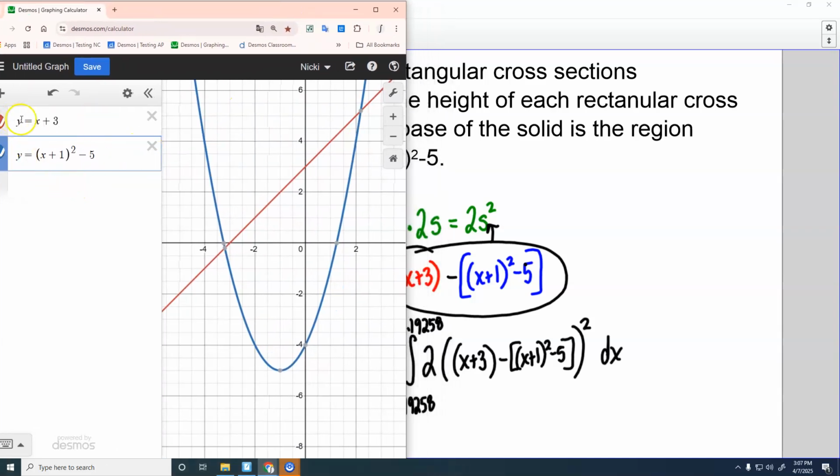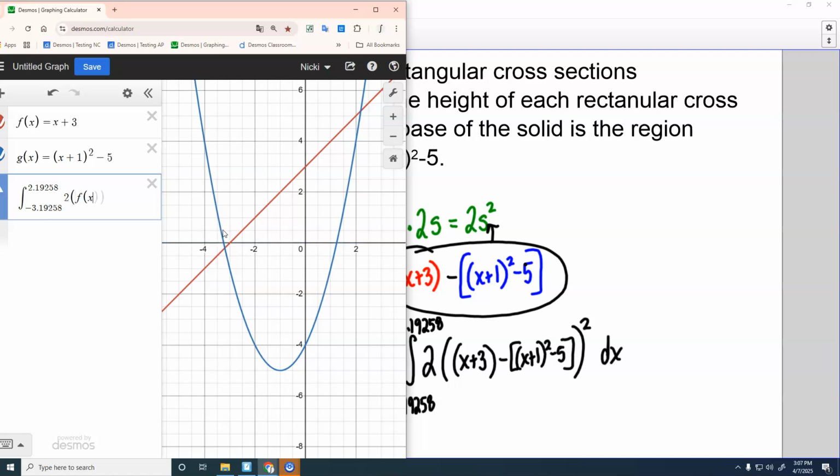So you actually could do this. You could call this f and this g. It might make it easier, because then you could do the integral from negative 3.19258 up to 2.19258 of 2 times the red graph, which I've called f of x, minus g of x, squared dx.